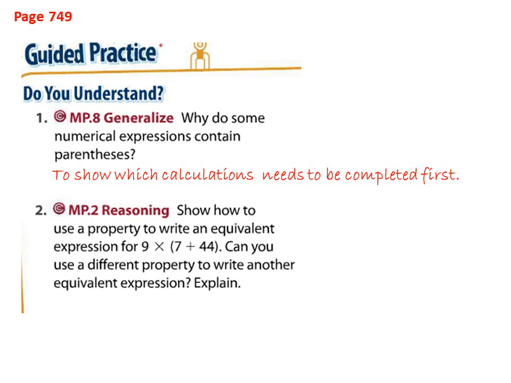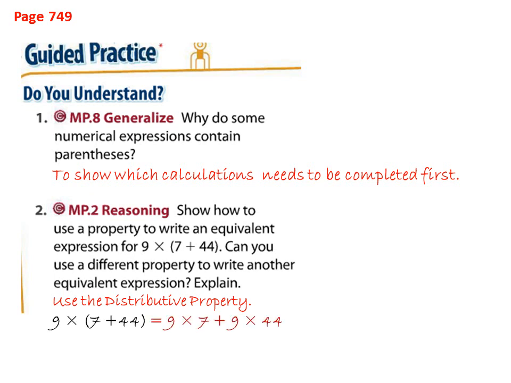Sample answer: we can use the distributive property to multiply 9 times 7, then multiply 9 times 44. So use the distributive property to get 9 times 7 plus 9 times 44.